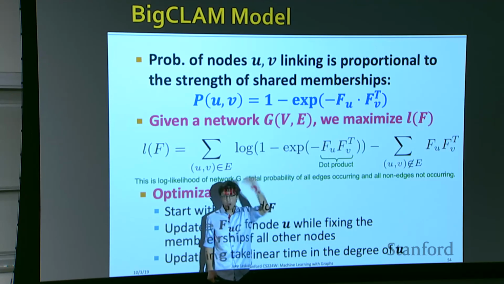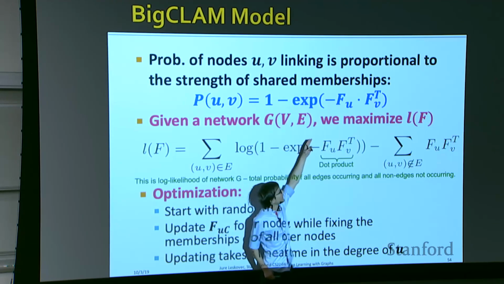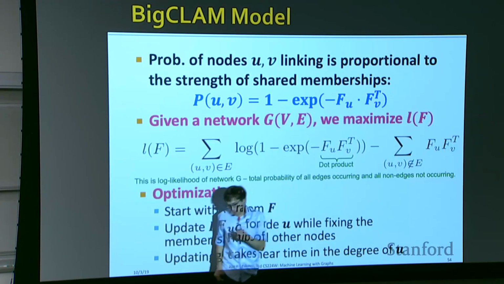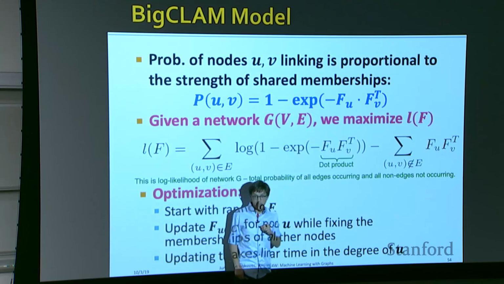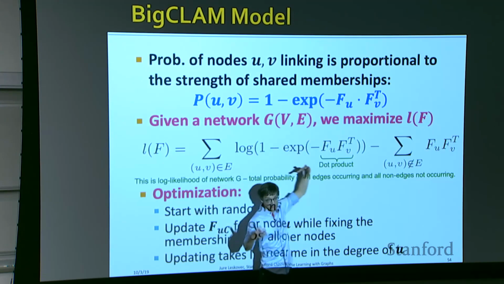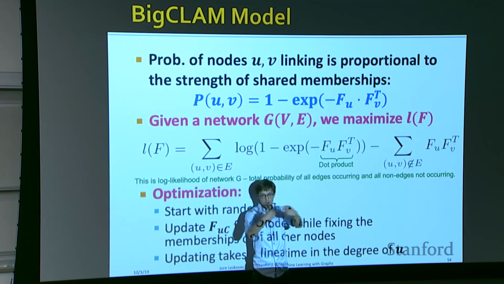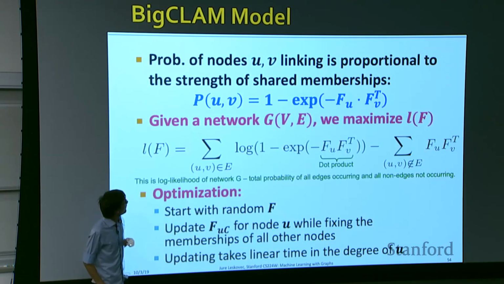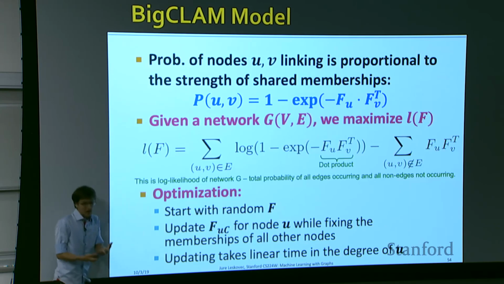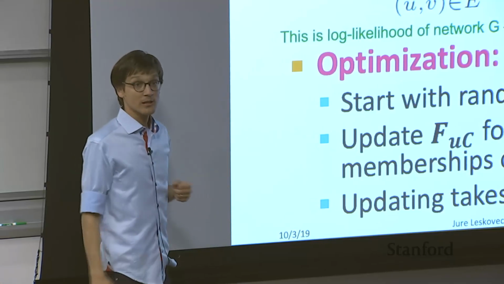So the more they have in common, the higher the number will be. If I take the negative and exponentiate it, I will get something very small, so it will be 1 minus something very small. Essentially, the more groups you have in common and the more strongly you belong to them, the higher the probability of connection. And then what is now the likelihood of my network that I observe?